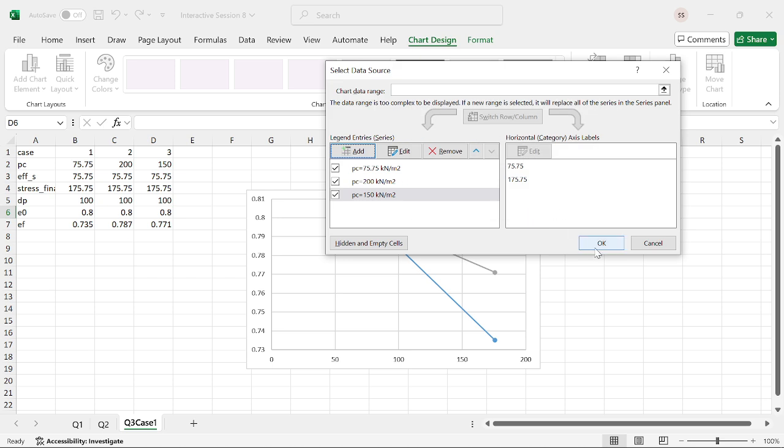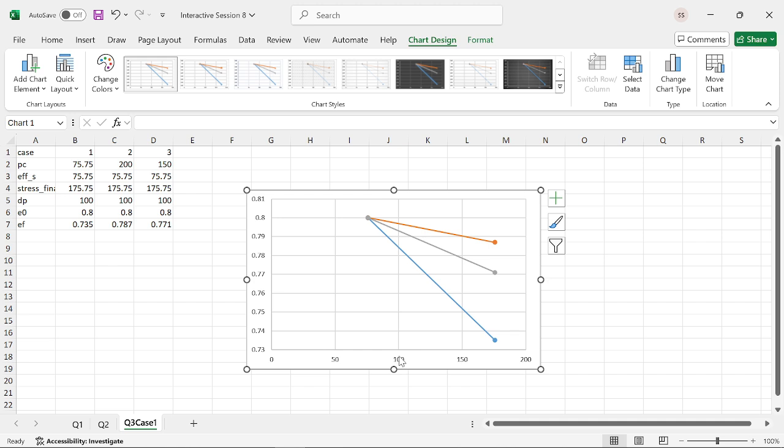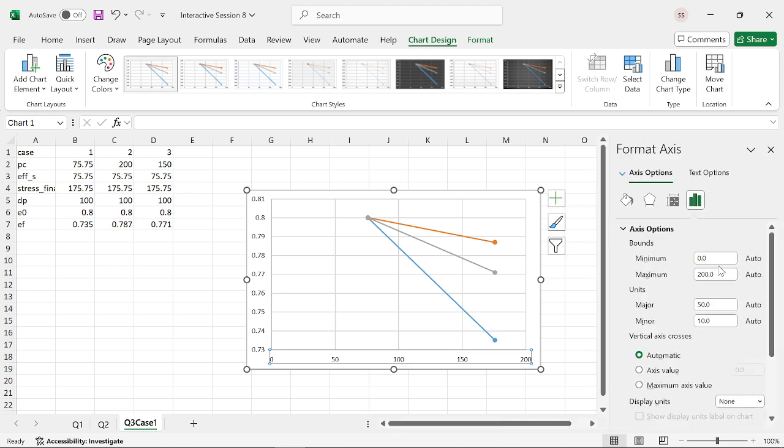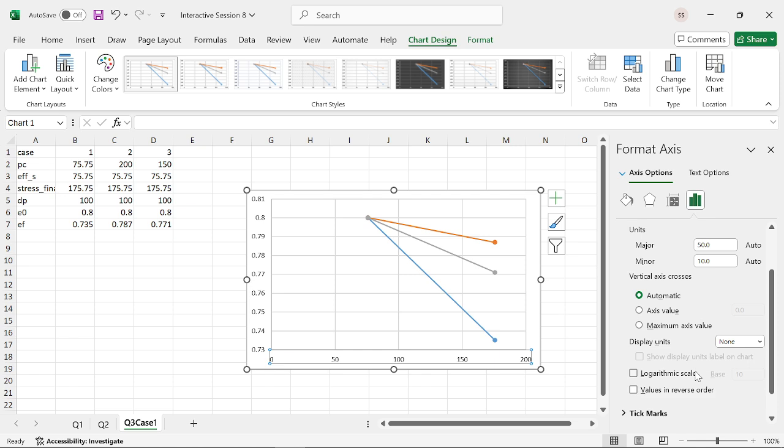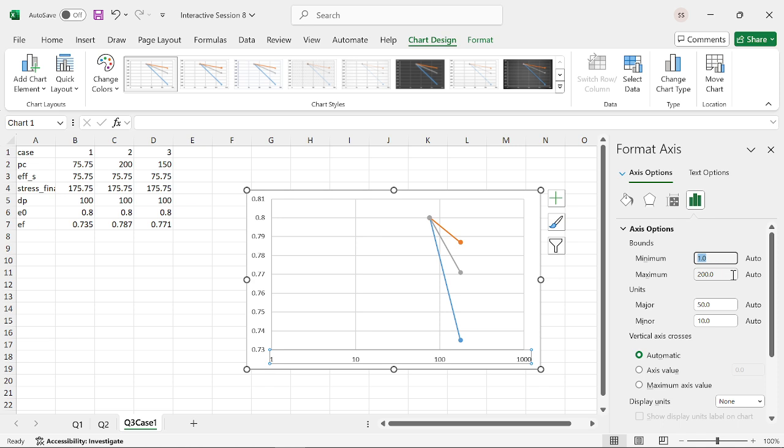Okay, this will be log scale. This will start from 10, and 550.